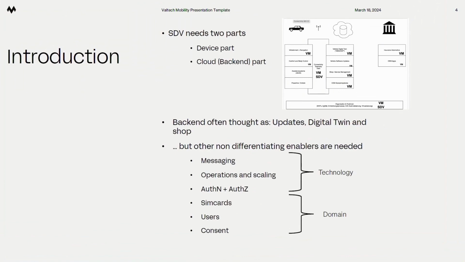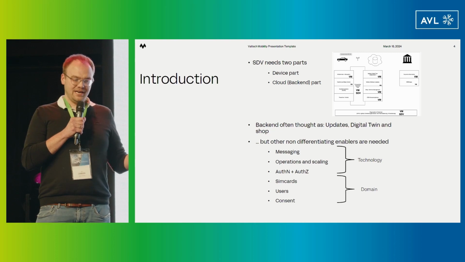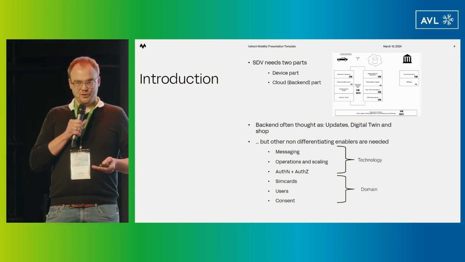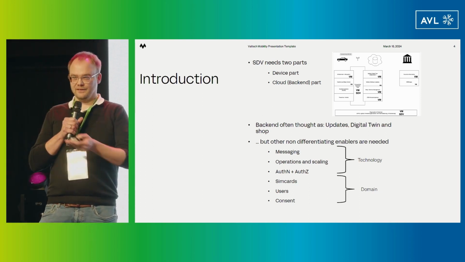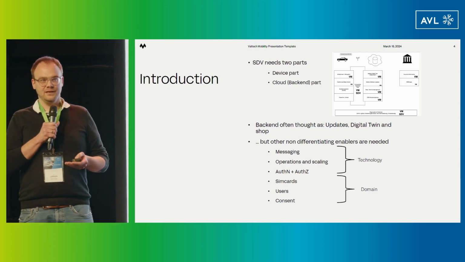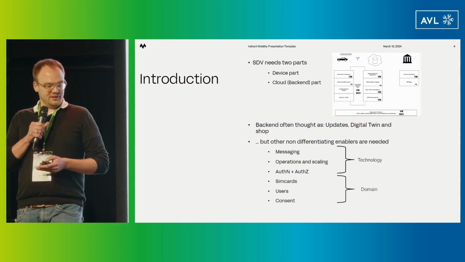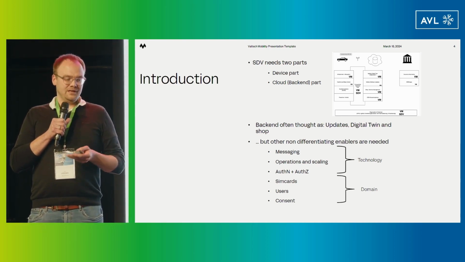But, and that is a quite big but, you also need a lot of non-differentiating enablers to get these things going. On the technology side, you need messaging, and you need a good messaging protocol. Currently, what's mostly used is MQTT, and there's the Zenoh project here at the SDV. There are different protocols, and they all come with different challenges.